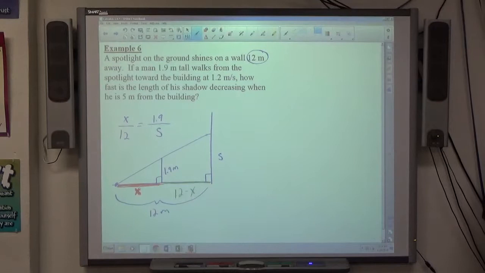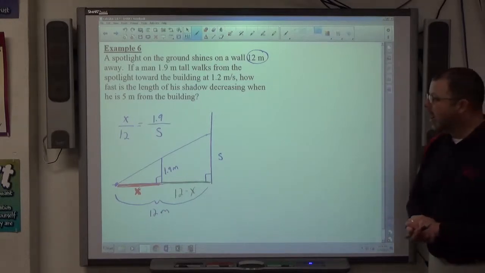Yes. It relates the variables x and s, x being the distance the man is from the spotlight, s being the height of the shadow of the man. And that's a fine relating equation, there's nothing wrong with it. If I did use that equation, I'd probably want to make it 1.9 s to the negative first power, create a power structure out of it. 1/12x is fine the way it is.